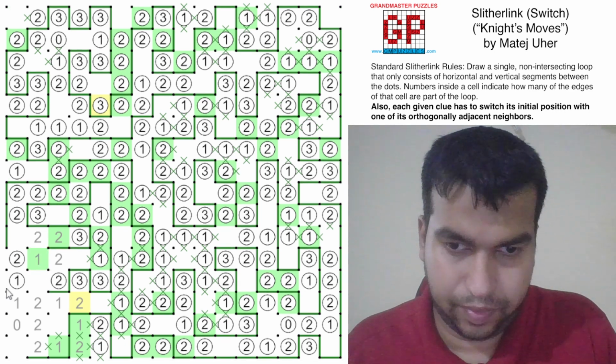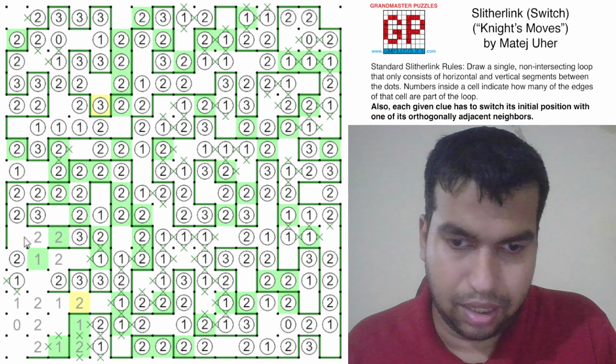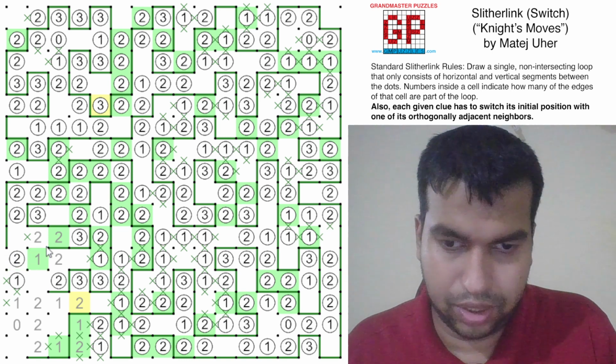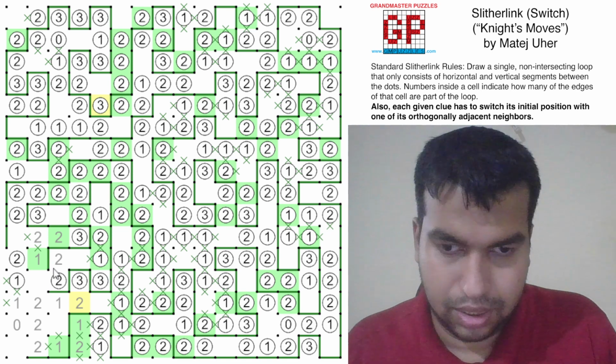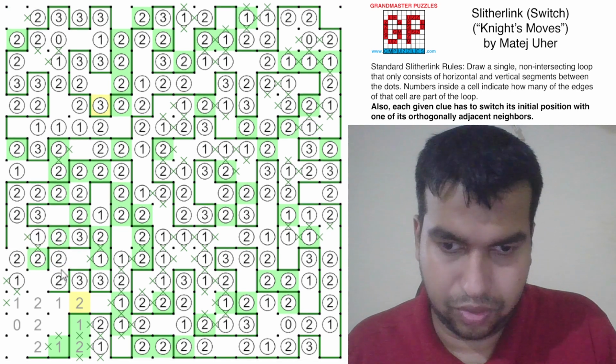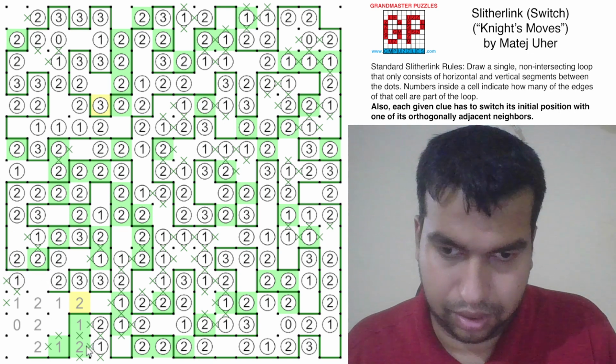So we get these crosses because it would need to get into this 1. Now because of that, we get this cross as well, and we know that this is a cross because no matter what it'll force this because of the 2 in the corner. So this is a cross that basically gives us the 1 and the 2 pairing, and this is a 2 and a 2, and this whole thing will close here.